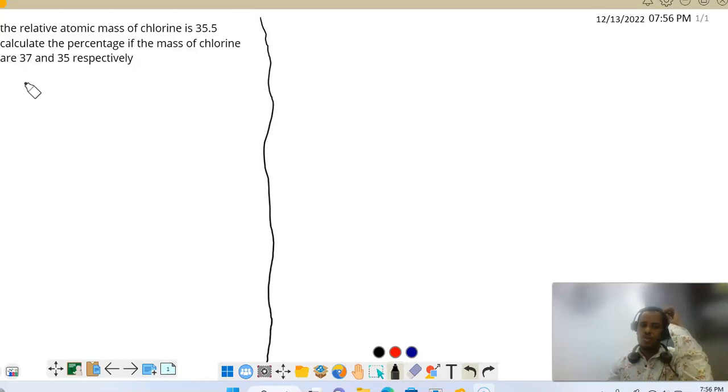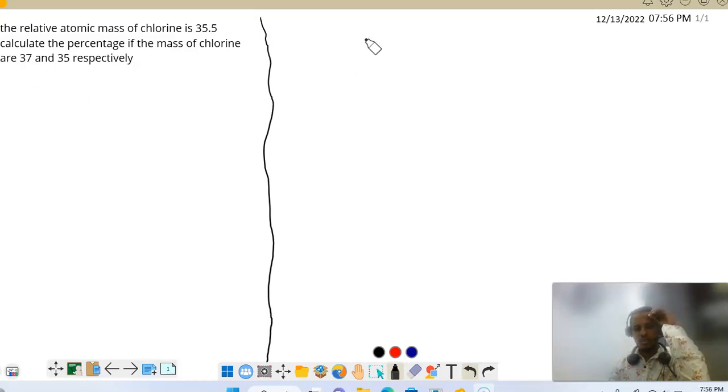In the next lesson, we also saw how to calculate the percentage when given the relative atomic mass and one of the masses and its percentage, how to get the percentage of the other mass.